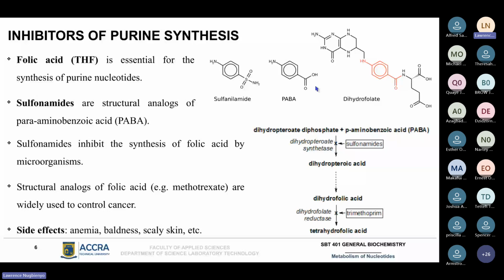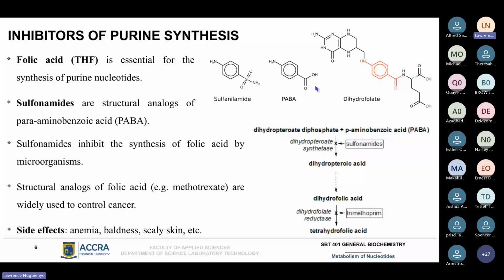And we have seen already that folic acid is needed for cell proliferation, cell development. And that is the reason why for pregnant women, folic acid supplements are given, if some deficiency is noticed, so that it will help especially with the development of the brain of the fetus.